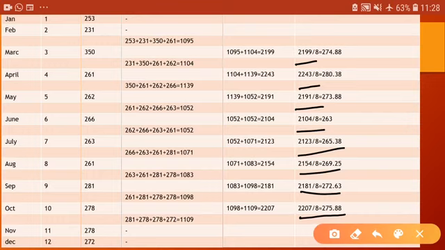As I told you, the first two will be blank, so Jan and Feb are blank. The last two will be blank, so November and December will be blank.